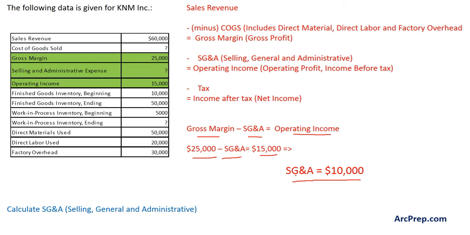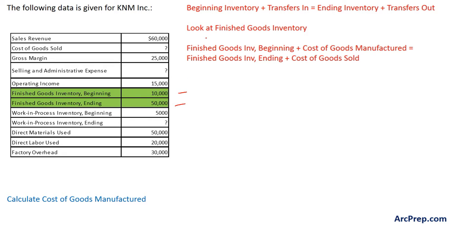Now, let's take a look at cost of goods manufactured. For that, what we need to know is the beginning and ending finished goods inventory. And I'm going to apply the same equation over and over again.